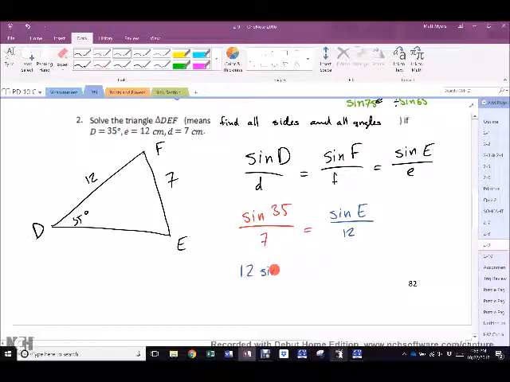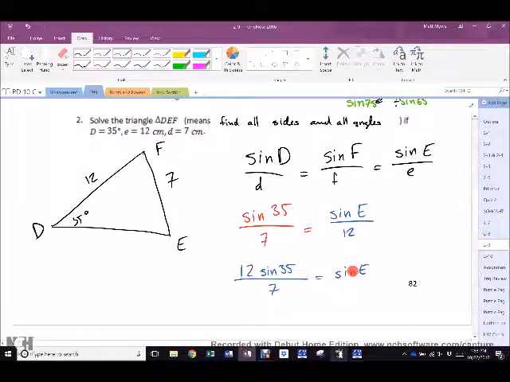12 sine 35 divided by 7 will get me what? Sine E. Do I want the sine of E? What do I want? I want the angle.